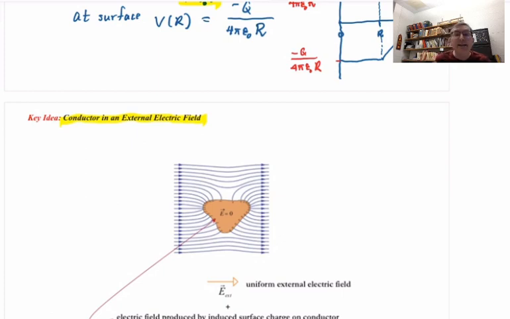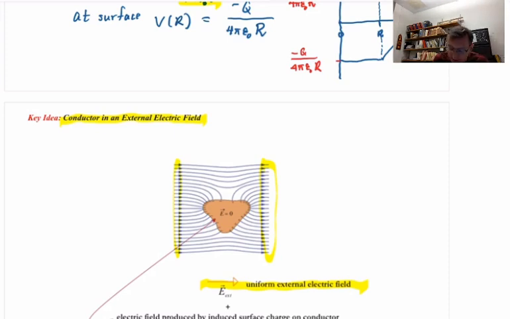And so what we had here is initially we had a uniform external electric field pointing to the right. And that's kind of shown by the field lines here and here on the edges, because they're uniformly spaced and they point to the right. But then we immersed into that this rather oddly shaped conductor, isolated, not connected to anything.